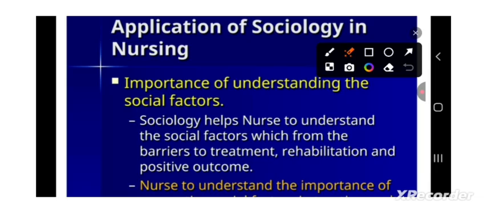Sociological factors, known as social determinants of health, often act as barriers. Examples of barriers: lack of money for medication, unreliable transport to the clinic, family or cultural beliefs that conflict with the prescribed treatment, or poor housing conditions preventing recovery. Understanding these allows the nurse to address the root cause of non-adherence or poor recovery.